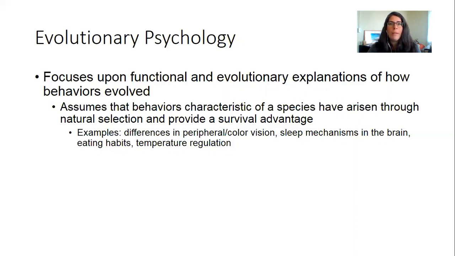We saw in Brian Lado's talk about why our ability to see color is a survival advantage. Sleep mechanisms, eating habits, temperature regulation, right? I talked earlier about how temperature regulation is one of the driving factors for human beings to be able to walk upright.